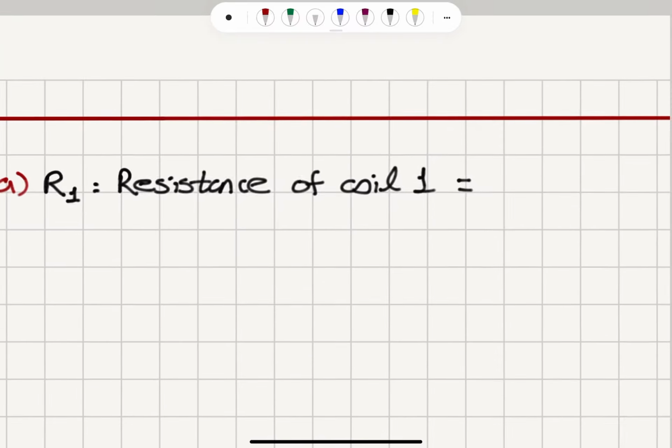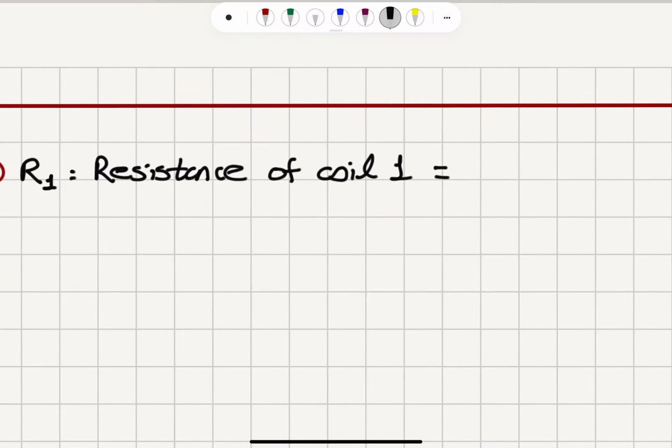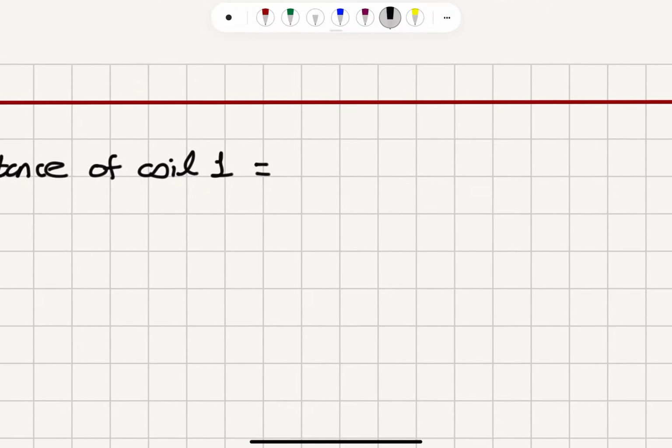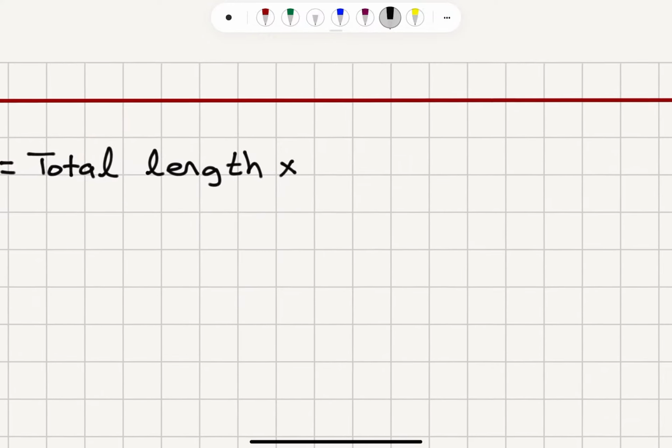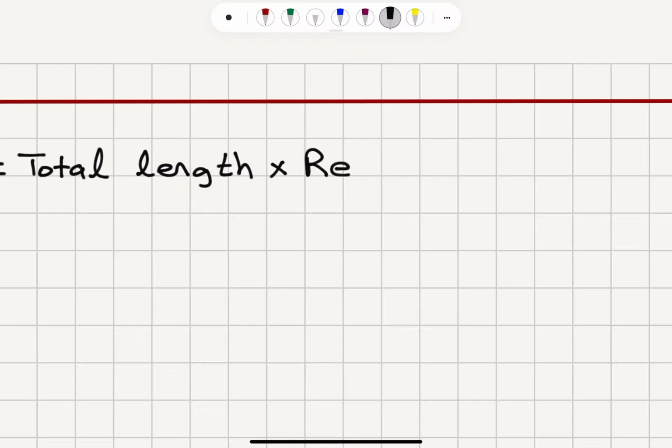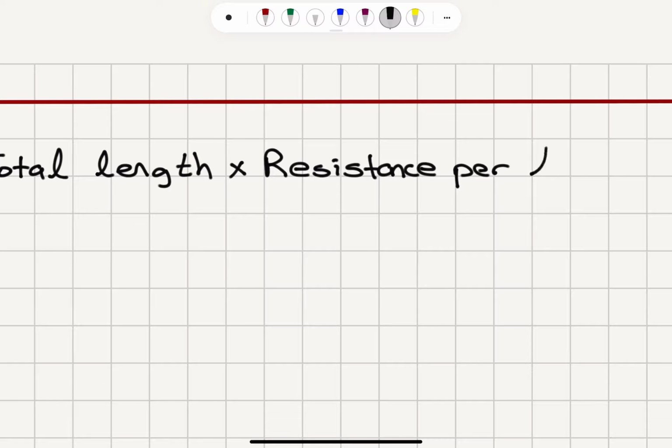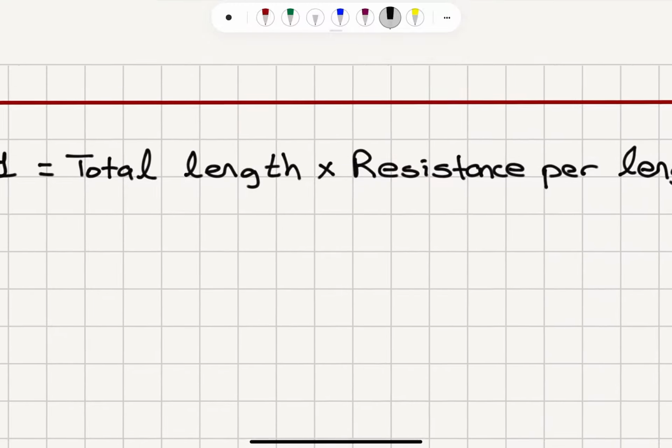Okay, so the resistance of the first coil, the larger one, is equal to the total length multiplied by the resistance per length, which is given to us in the problem statement.